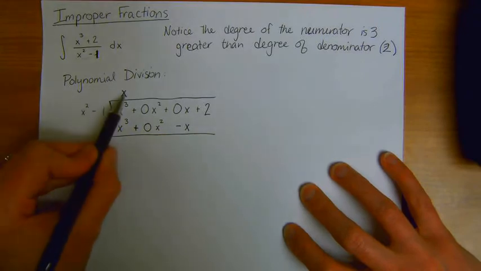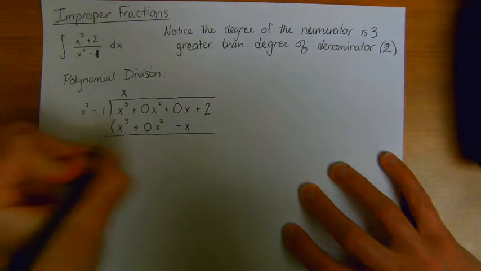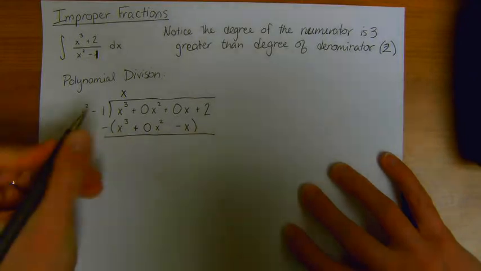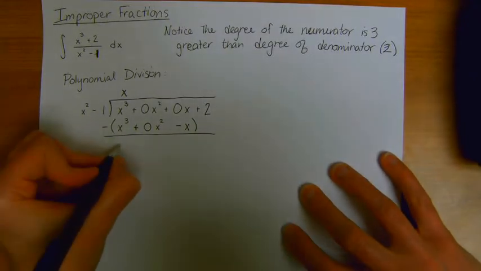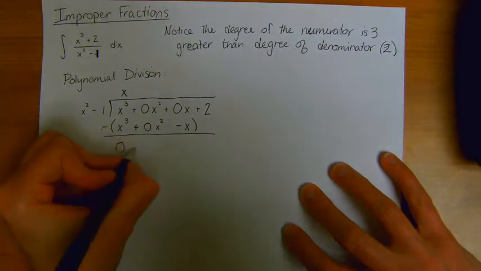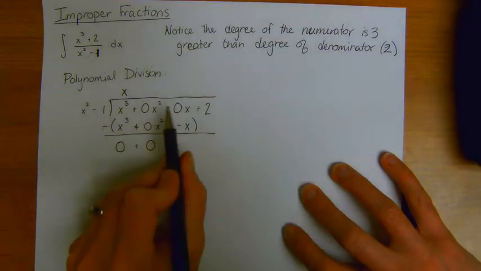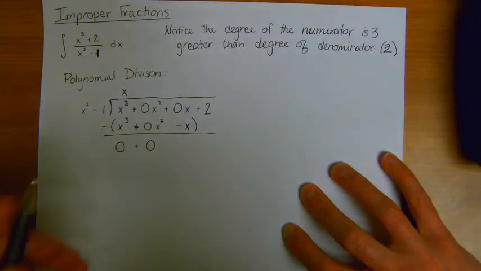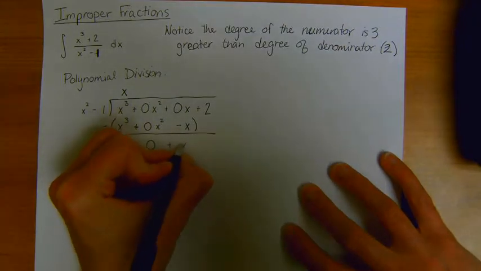So now that I've performed the multiplication, I'm going to subtract. What is x cubed minus x cubed? 0. 0x squared minus 0 more x squared is still 0. And then 0x minus negative x becomes positive x.